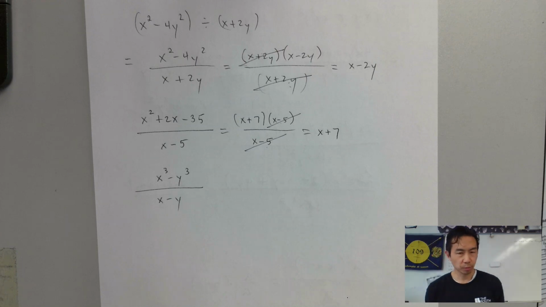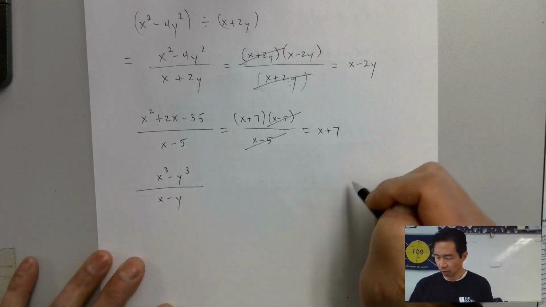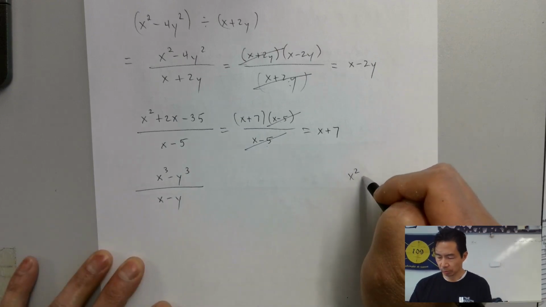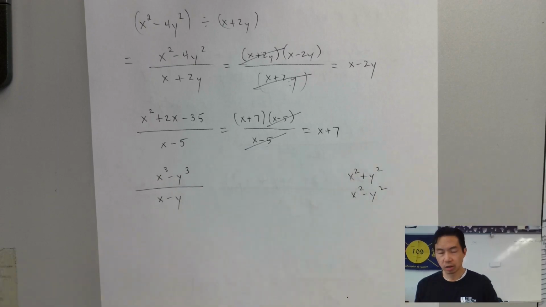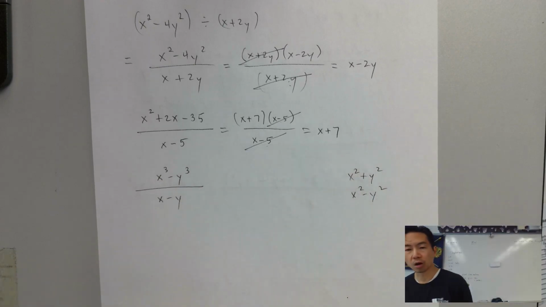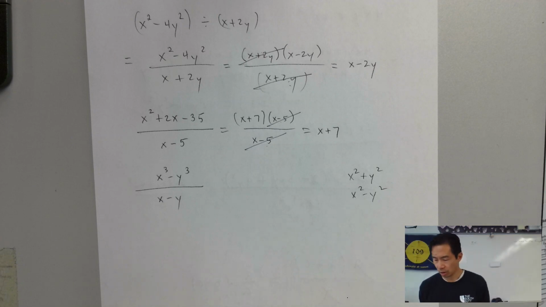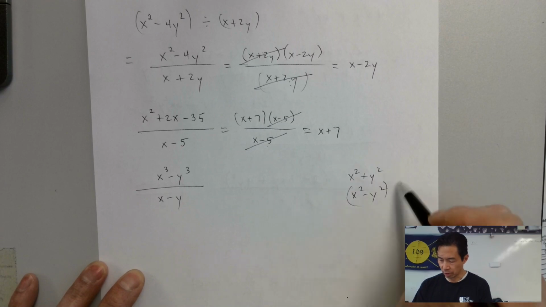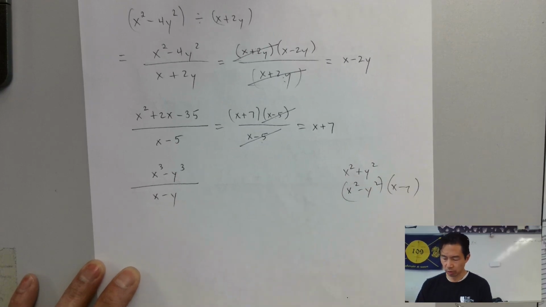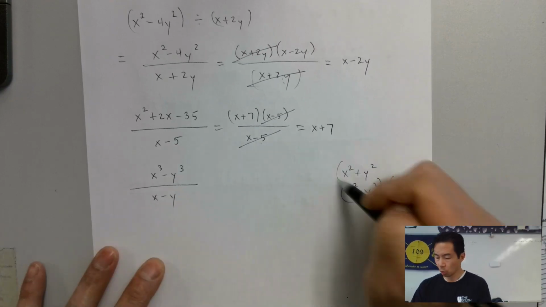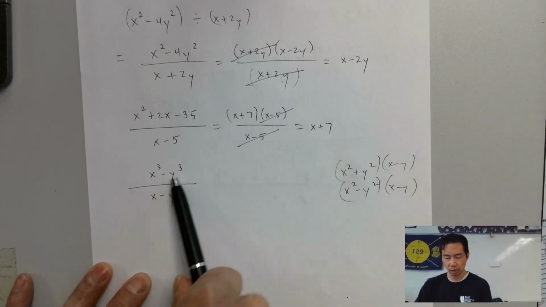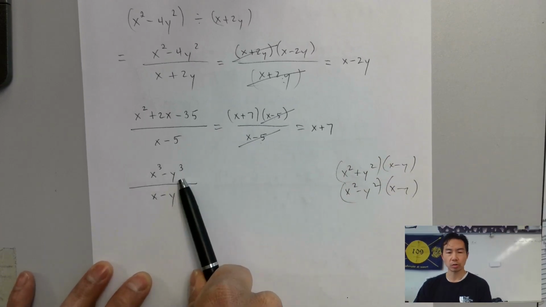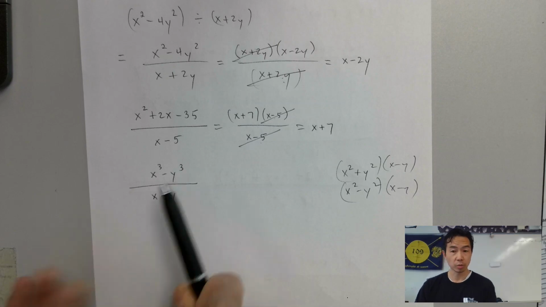It might be tempting, I'm sure it is tempting, to write this or this as your answer, but they would both be wrong. Because if you FOIL this times x minus y to check and see if you're right, or FOIL this with x minus y to check, you will not get x cubed minus y cubed. You'll get something much messier and much longer.